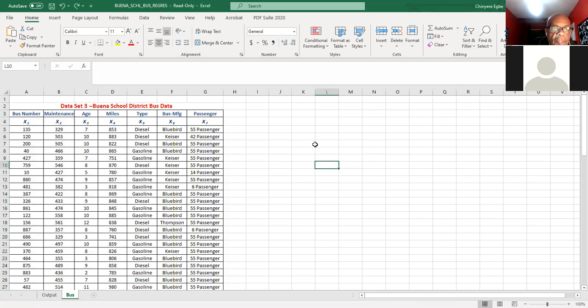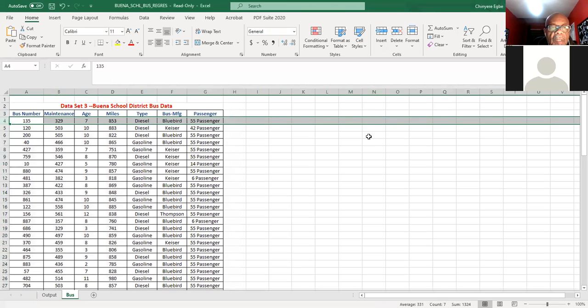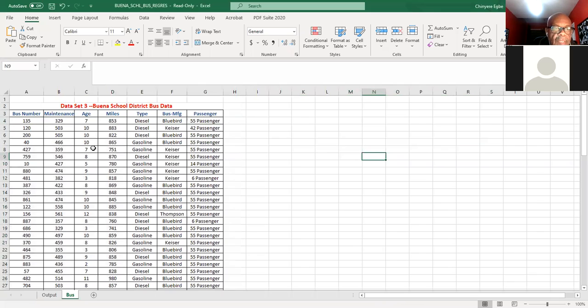Now, this is a screen on maintenance expense and the age of a bus. So let us see what happens. You can even look at the screen on age of a bus and how many miles.